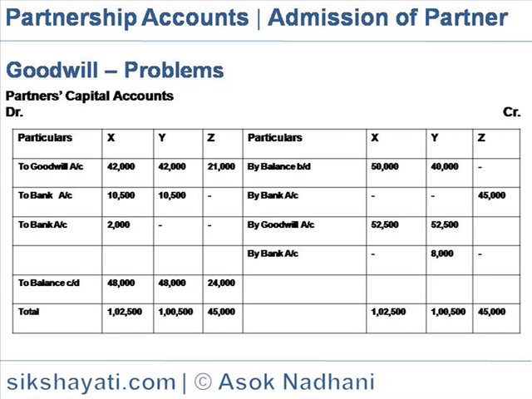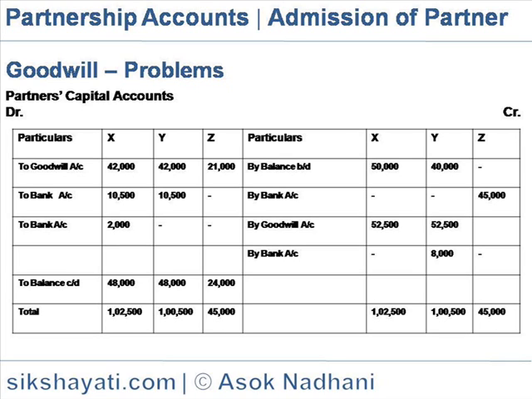So these are the credit sides of the respective capital accounts. On the debit side, to goodwill account would be debited in the new profit sharing ratio: X 42,000, Y 42,000 and Z 21,000.